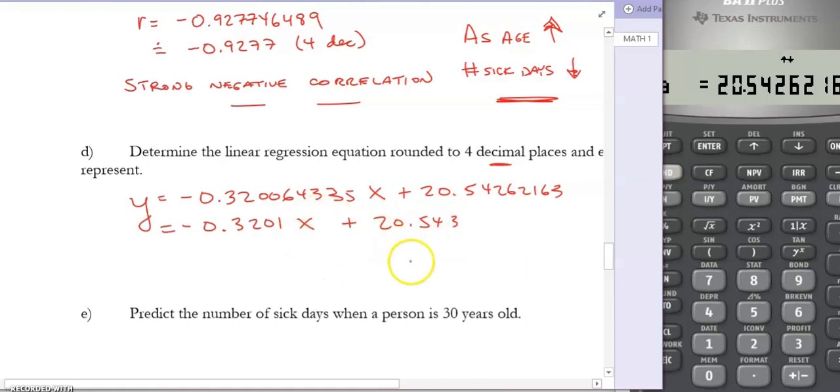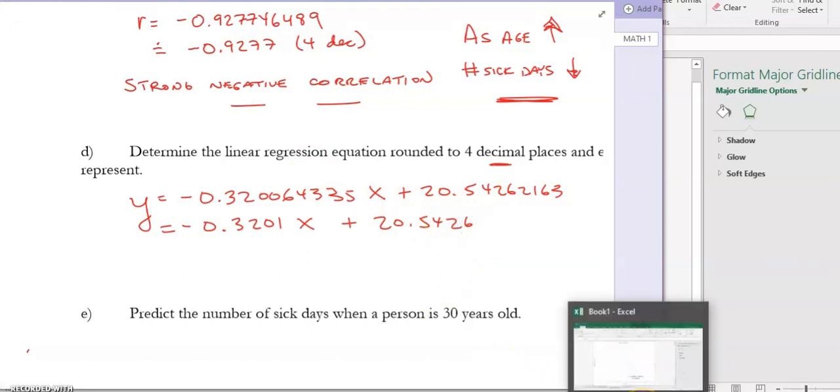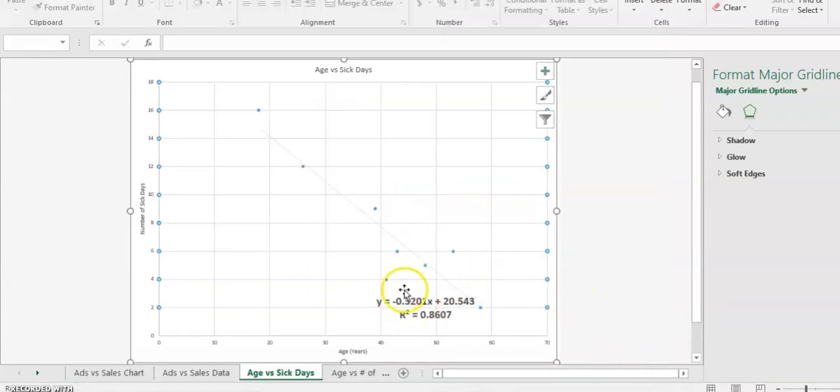And there we go. Oh, I realized that was 3 decimal places. 20.5426. Now the linear regression equation on the chart was 3 decimal places here and 4 decimal places here. So it looks very similar. Okay, it's just a rounding thing. But you see that we're actually bang on.